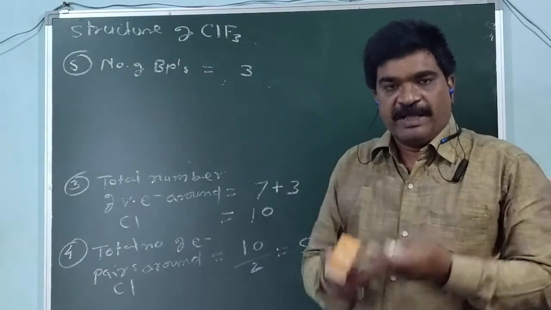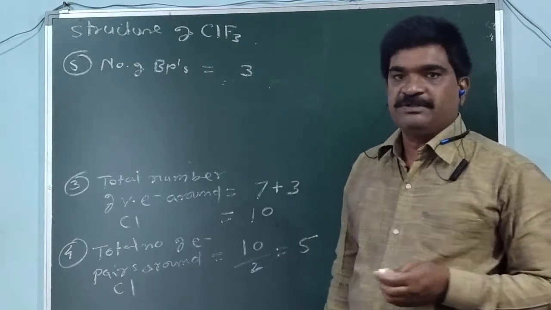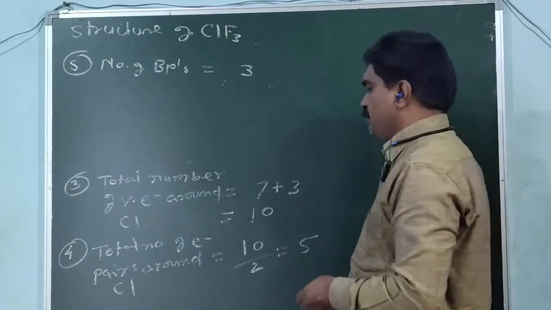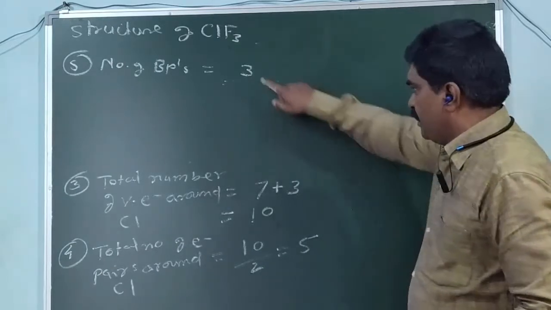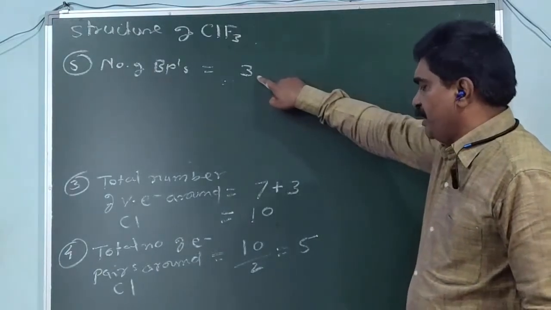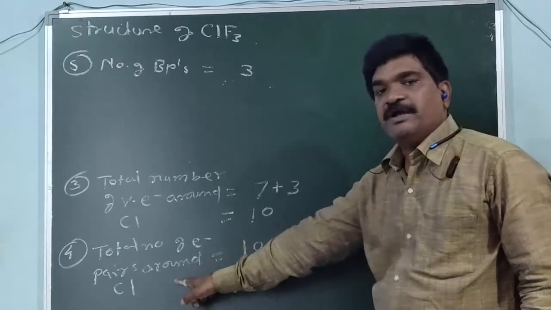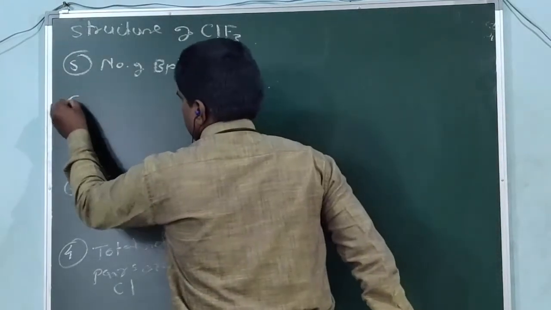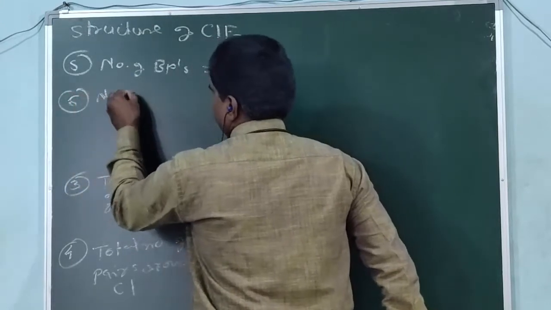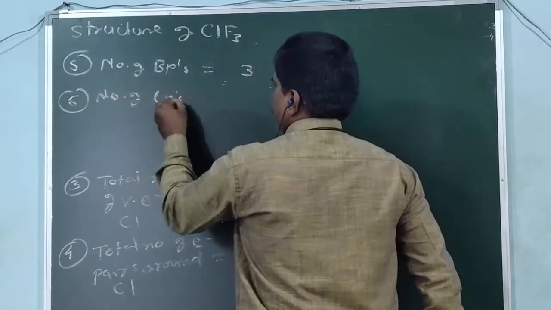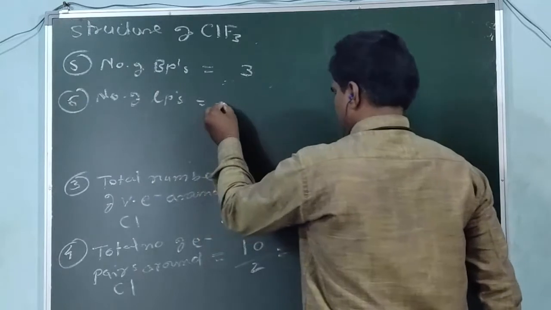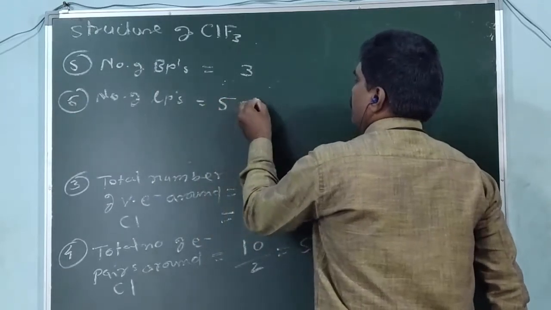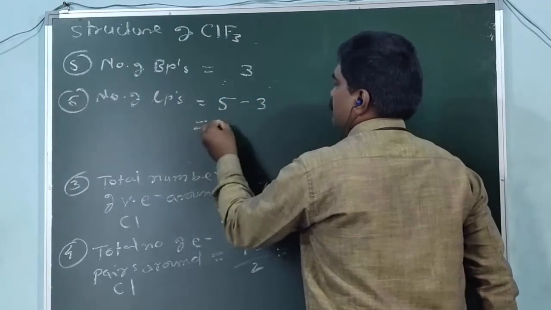Now we can calculate the number of lone pairs just by subtracting the number of bond pairs from the total number of electron pairs around the chlorine. So what we get? Number of lone pairs is equal to 5 minus 3, that's equal to 2.